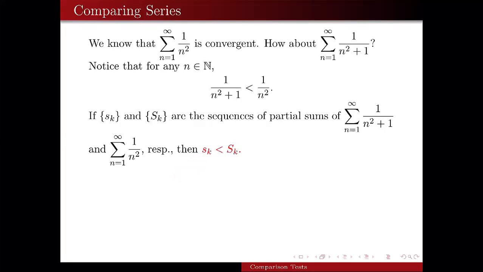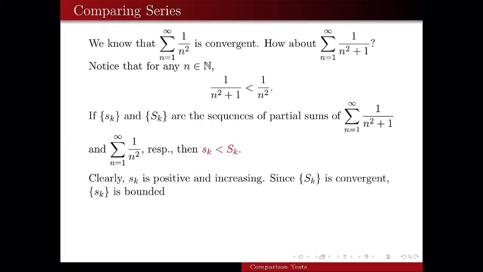So, if we put everything together, small s_k is positive and it is increasing. Now, we know that capital S_k, this sequence, is convergent. Correct?